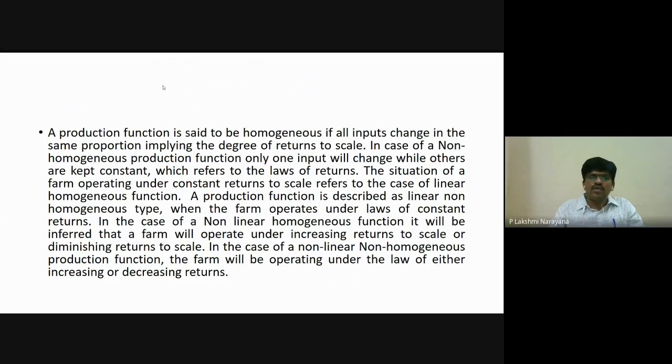In case of a non-homogeneous production function, only one input will change while others are kept constant, which refers to the law of returns. So again I repeat, a production function is said to be homogeneous if all inputs change in the same proportion, implying the degree of returns to scale.